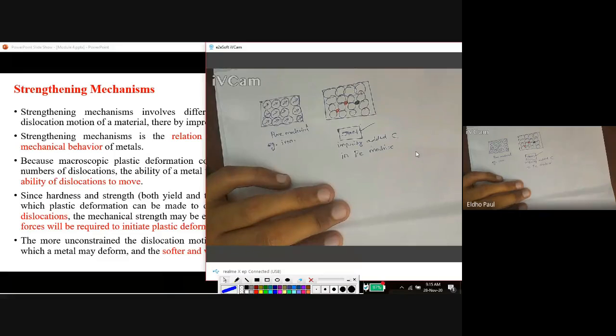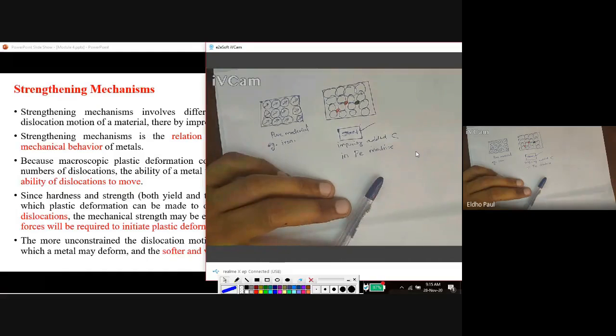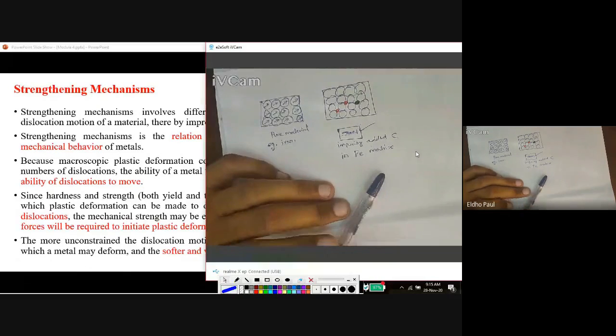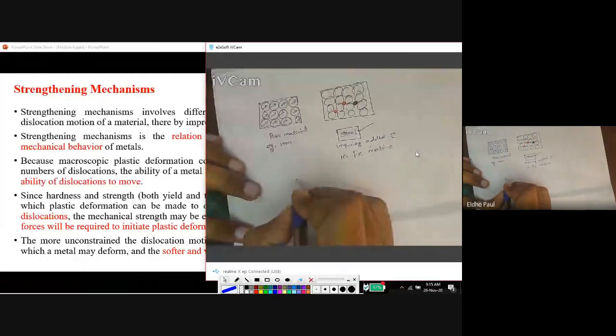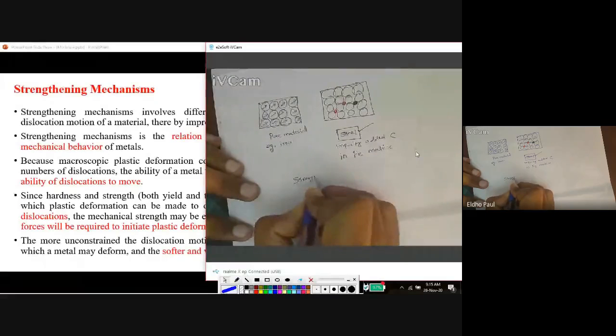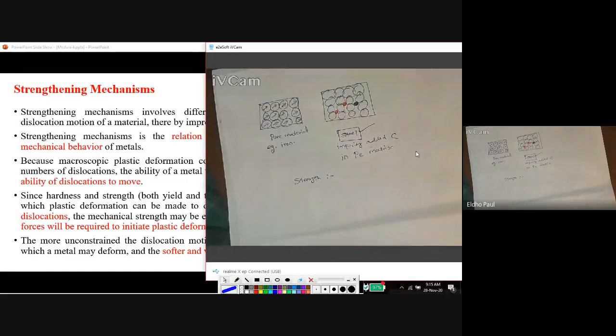We will study different such mechanisms which improve the properties of materials, more specifically for steel. When we compare the strength, what is strength? Last class I defined strength. What is strength? Anyone? What is strength?